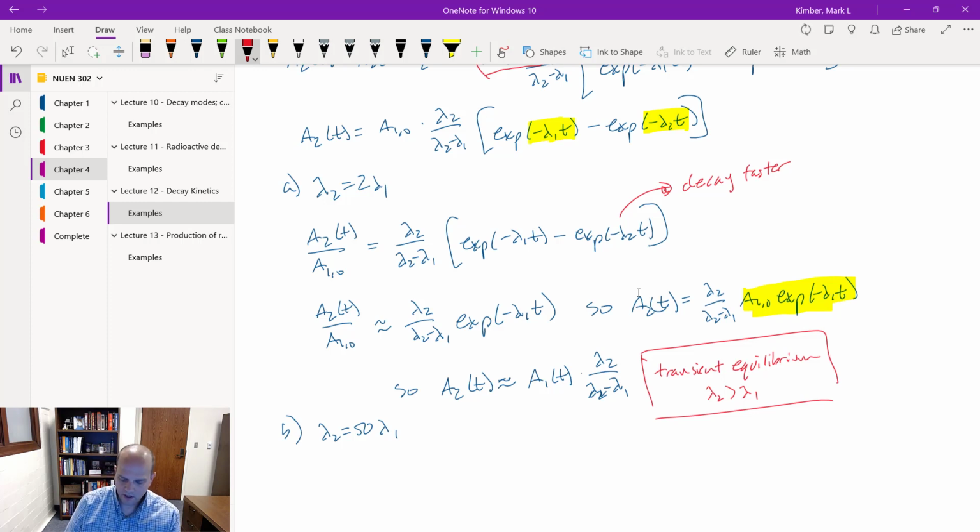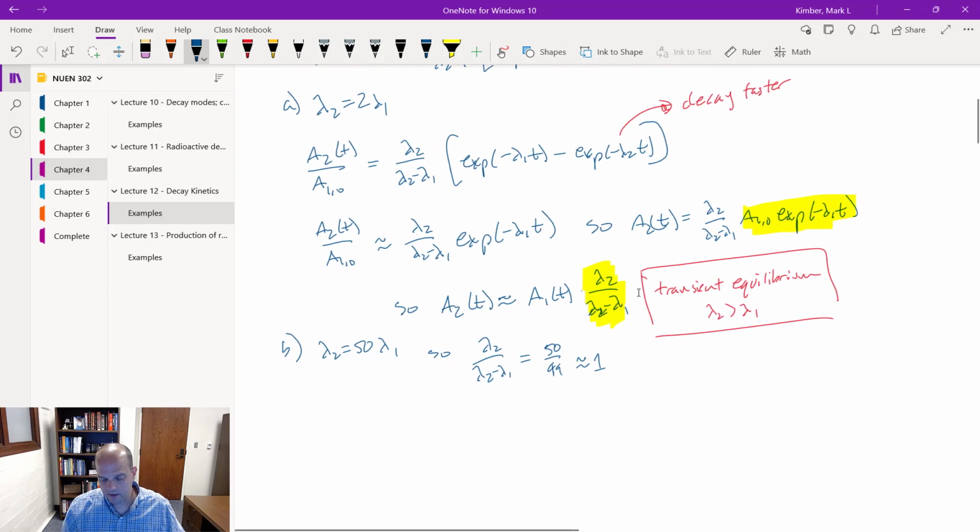But if we look at the constant that we're multiplying out in front between the two activities, then in this case, with this factor of 50, what we would have there is 50 divided by 49. And at some point, we can just approximate that as 1. And so we'd say this equals 50 over 49. And we can say, you know what, that's approximately equal to 1.